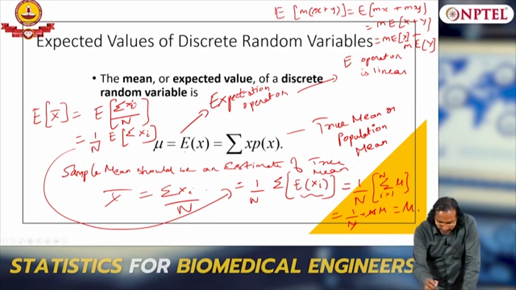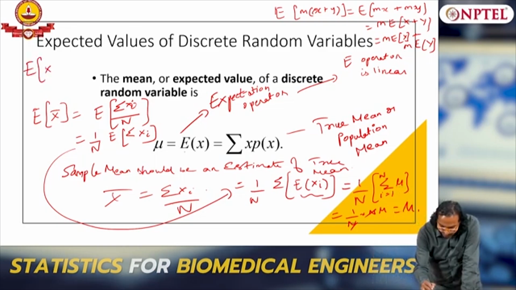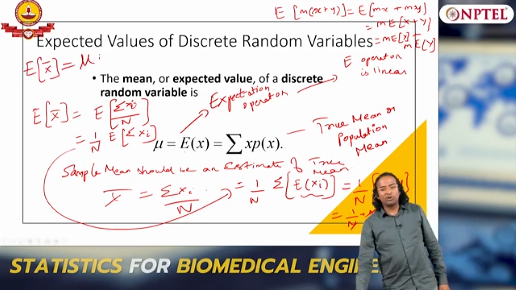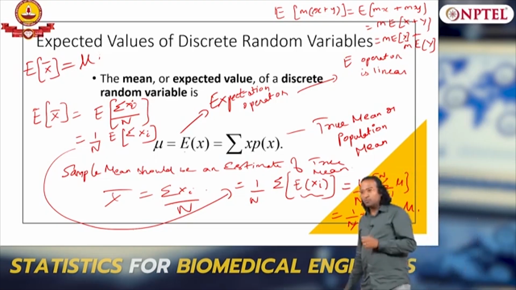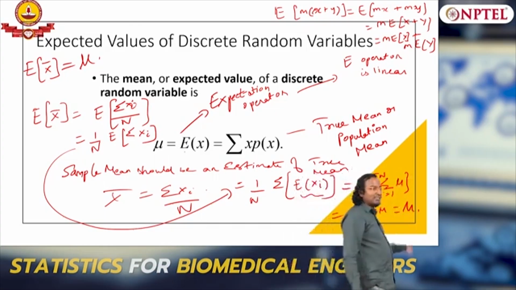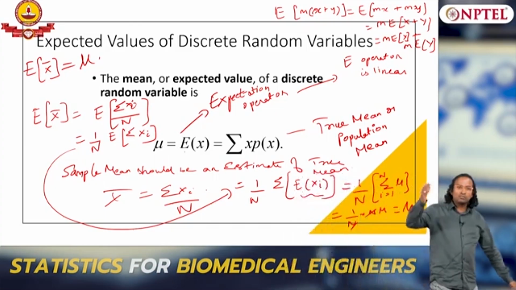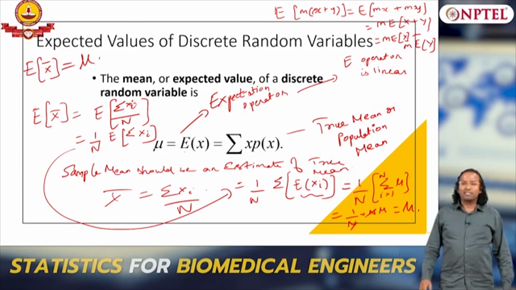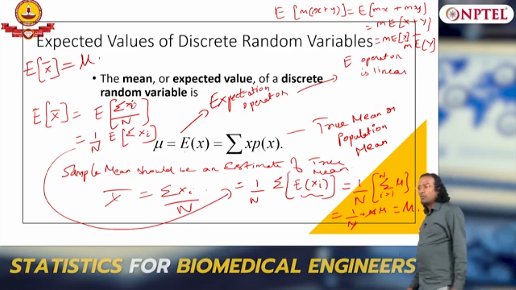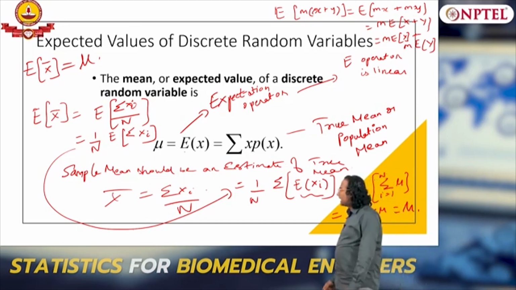So expectation of x bar is what? Equals mu. So on an average x bar goes to the population mean. So x bar is an estimate of the population mean, or x bar tends to the population mean.